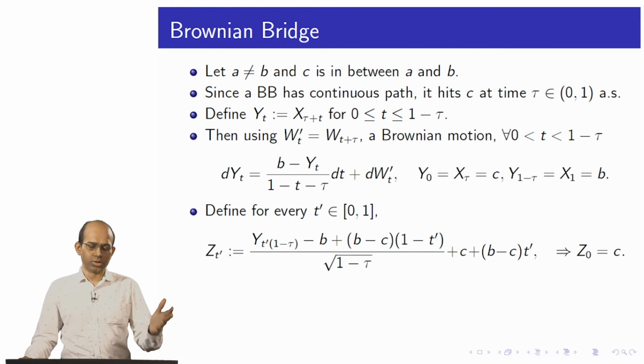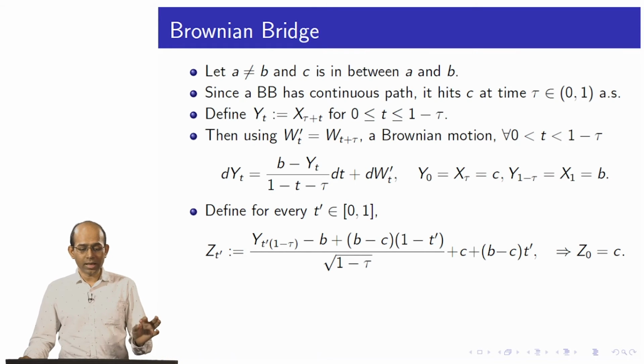So, this is our proposal that let us define a new process z. So, z of t prime, where t prime is between 0 and 1, z of t prime is defined as this fraction plus c plus b minus c times t prime. This fraction in the numerator we have y of t prime into 1 minus tau.